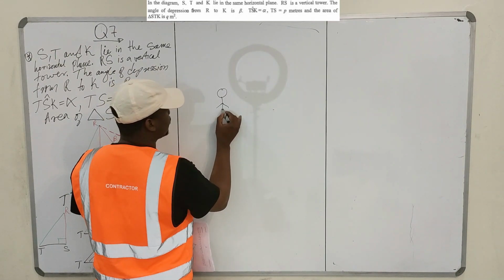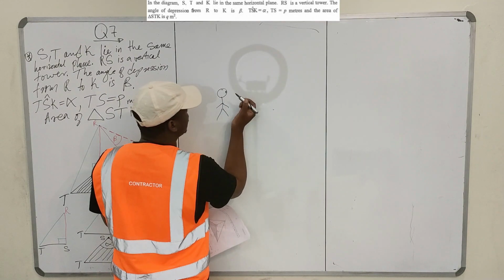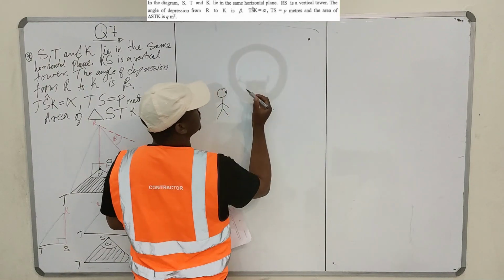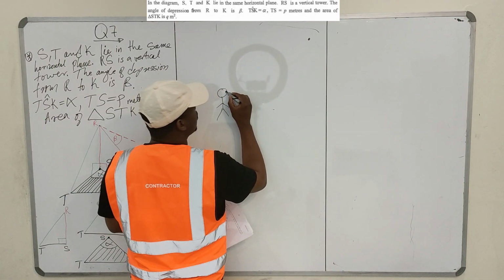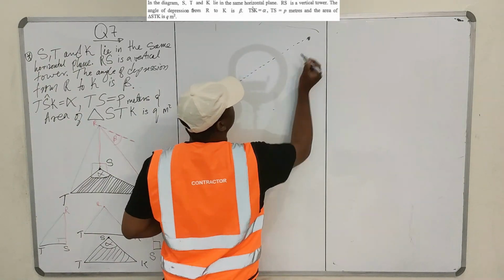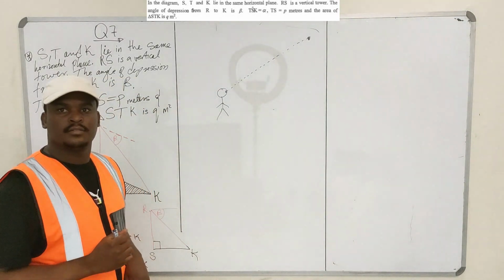Right? And this is your eye. You are looking at something that is up here, right? So this is you looking up here. Let's take this dotted line as a straight line.